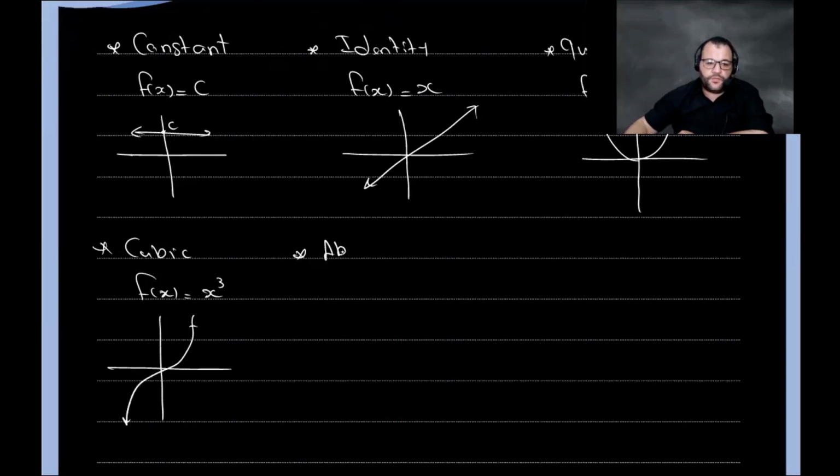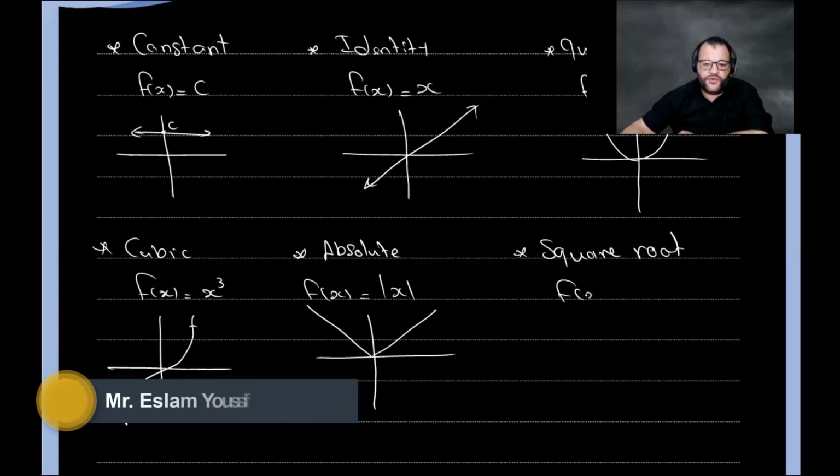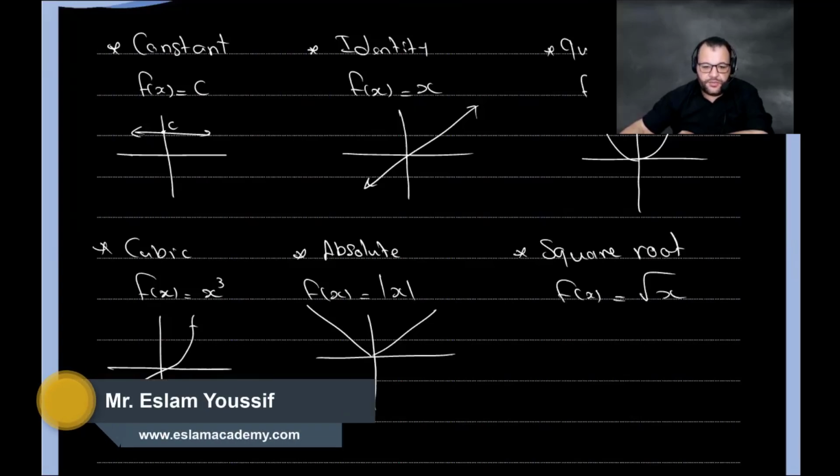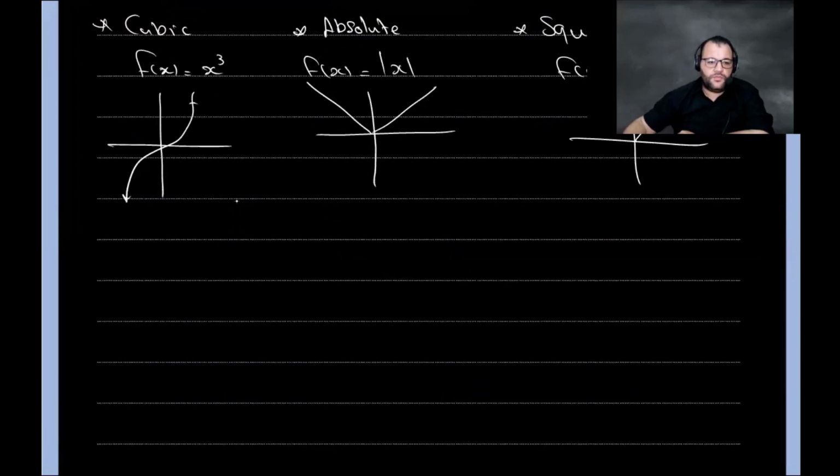Absolute value: f of x equals the absolute value of x. Square root: f of x equals the square root of x. Step function: f of x equals the greatest integer of x.